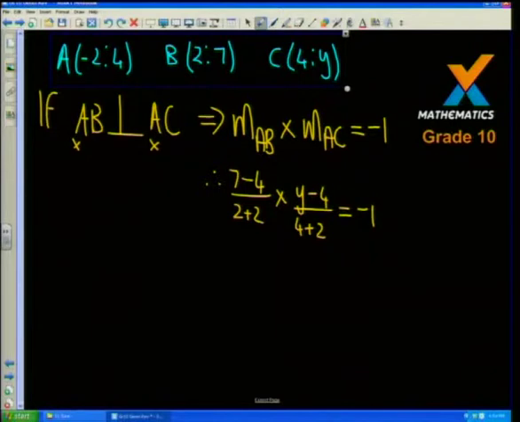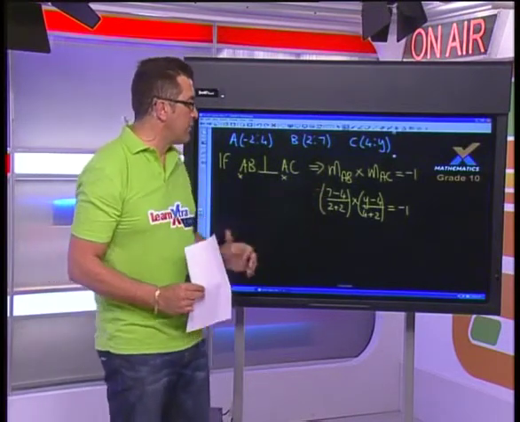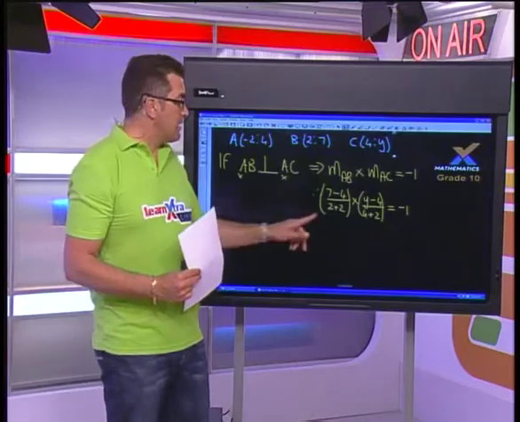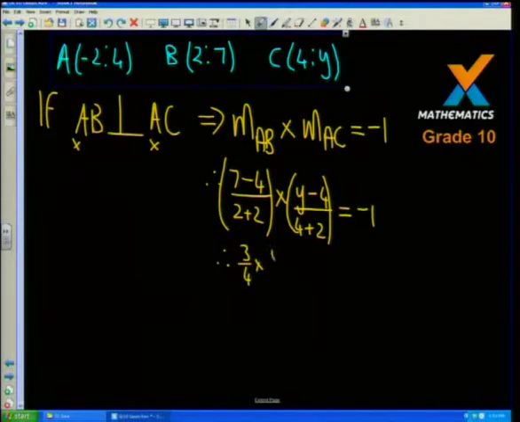Now remember, these are two numbers. This is a rational number, that's a rational number. I need to find the value of y. Okay, I get 7 minus 4, which is 3, and 3 over 2 plus 2 gives me 3 over 4. So here I'm stuck with 3 over 4 that I multiply with (y minus 4) over (4 plus 2), which is 6, and that answer needs to be minus 1.